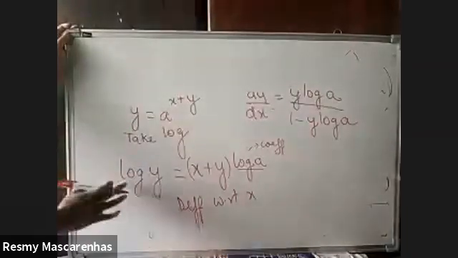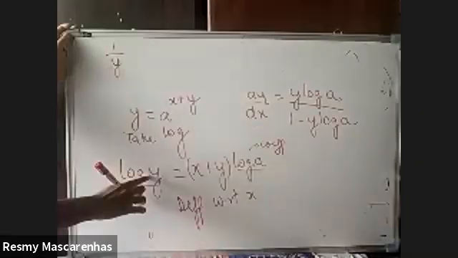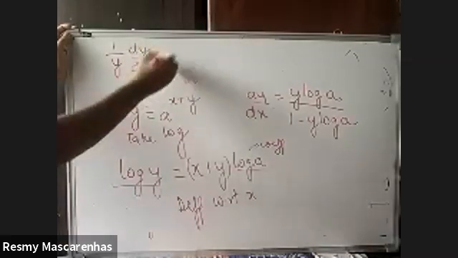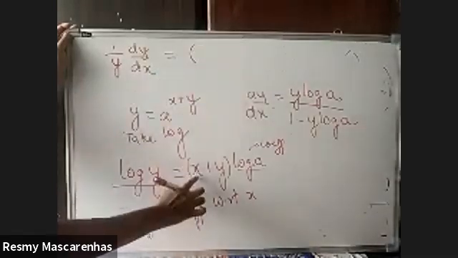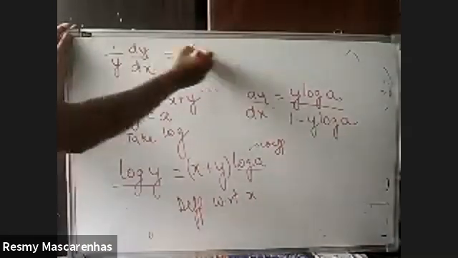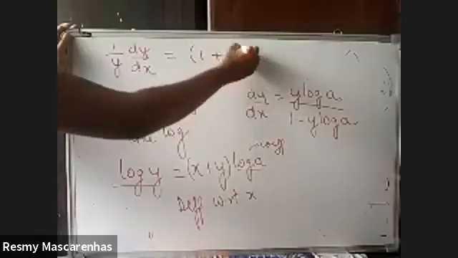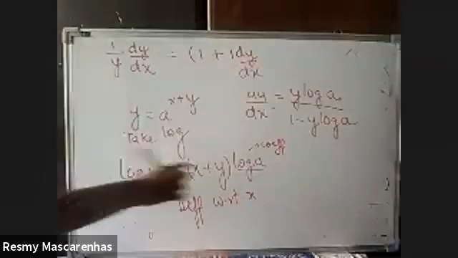So when you differentiate, the derivative of log y is 1 upon y, but since it is y, extra dy by dx is equal to, what is the derivative of x? 1. The derivative of y is also 1, but with extra dy by dx, because this is y.